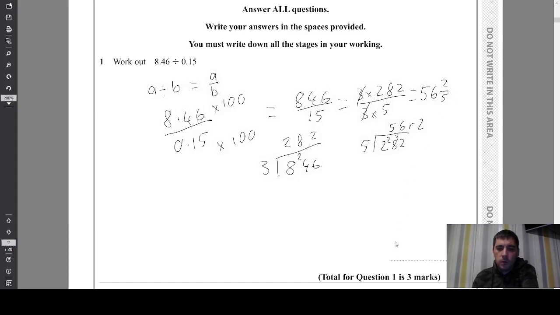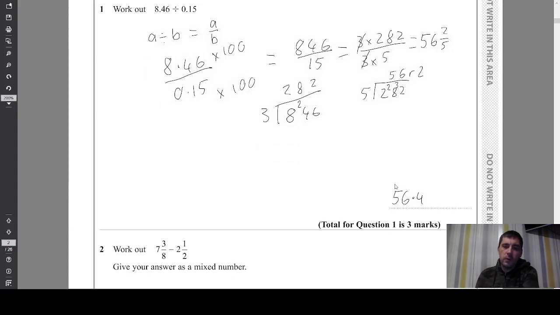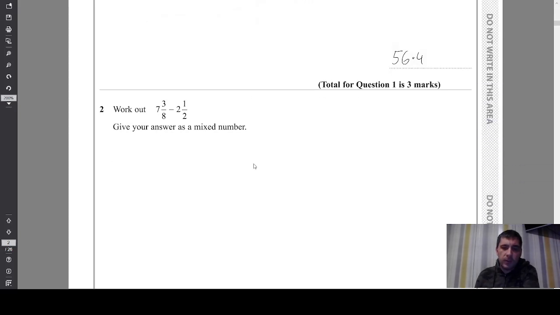So the complete answer would be 56.4. That would bring you a whopping 3 marks just for the first question. Remember, in order to pass, you should be looking for about 20 marks to be on the safe side.